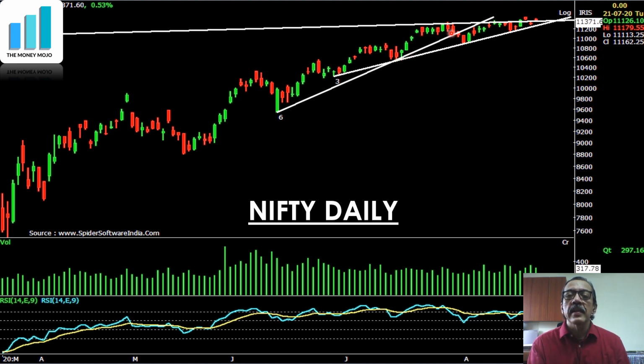Even though the steeper trend line has been broken, Nifty took support on the gentler trend line and has gone up and come back again, taken support, gone up, come back, and it is at a point of inflection, because Nifty is riding along this gentle trend line. So this is how trend lines can be used to decide whether the trend is up or down, and this gentler trend line that I've drawn is not yet broken.